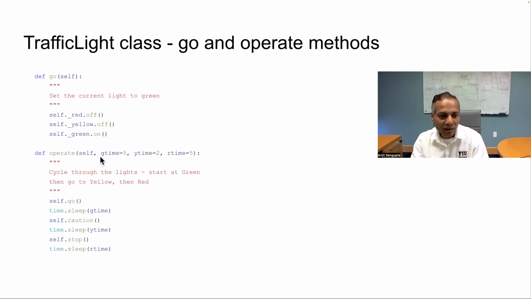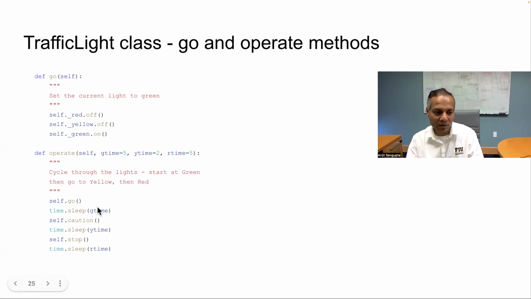So here, we make this operate a little more reusable. We are creating parameters saying, hey, how long is the green light going to stay on? How long is the yellow light going to stay on? How long is the red light going to stay on? These are the parameters that you can pass in, and that's how we are defining it. We are going to start at green, so that's why it calls self.go. Then it sleeps for however long the green time is.